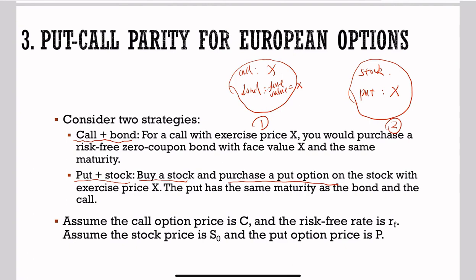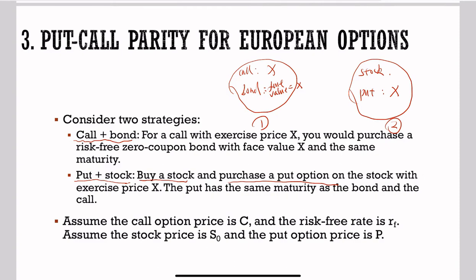And from our knowledge on present value, we know that if two things give you the same future payoffs, then their price today should be the same, right? So that's basically the law of one price, or the no arbitrage condition.